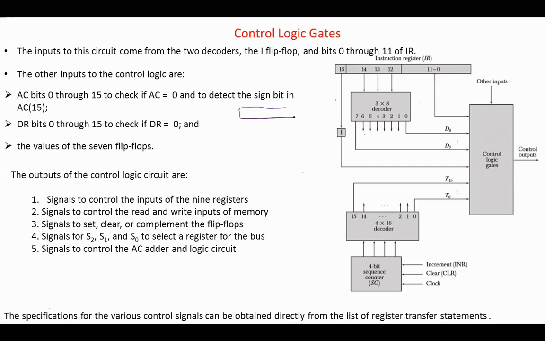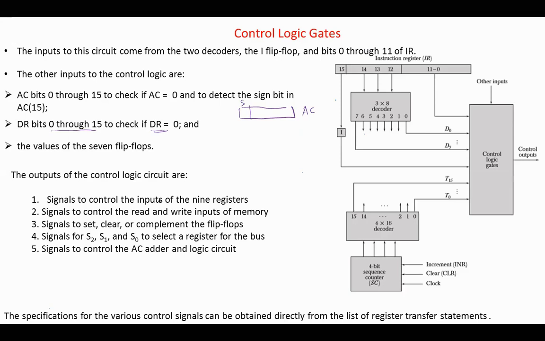For signed values, bit 15 of the accumulator is the sign bit. Data register bits 0 through 15 to check if data register equals 0 or not. The values of the 7 flip-flops.